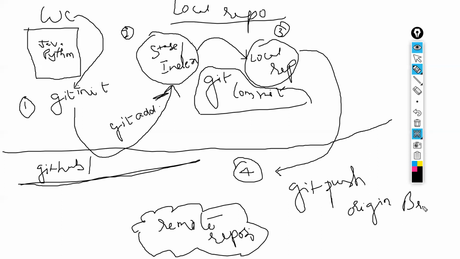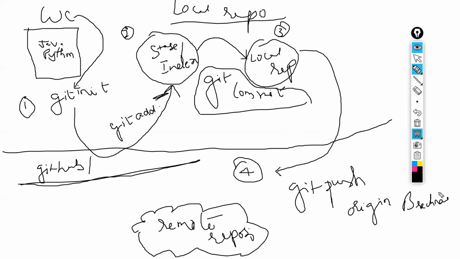So by default, it would be the master branch. We'll see what this branch is, all the concepts. So what we need to understand is to push the code from local repository to remote repository, we need to use the command called git push.